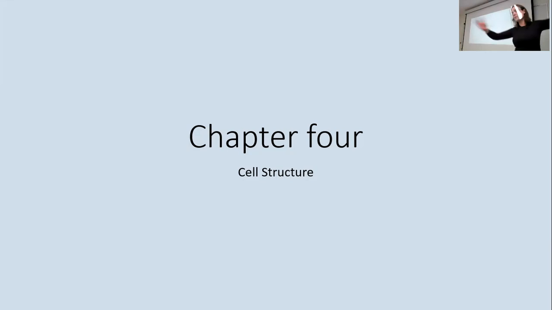So chapter 4 is cell structure, AKA organelles. Chapter 5 gets into membranes specifically, expanding on that last little slide of chapter 3 about phospholipid membranes, into its own chapter. And then chapter 10 is going to talk about cell division, so mitosis, basically.